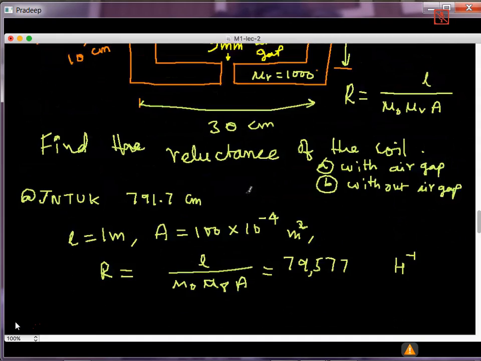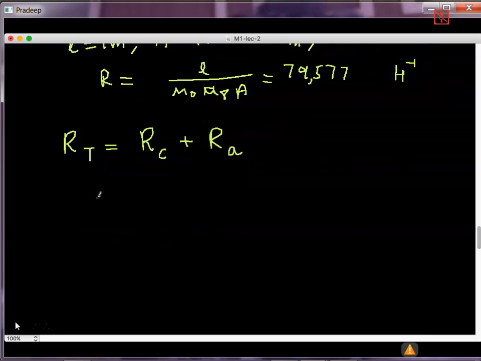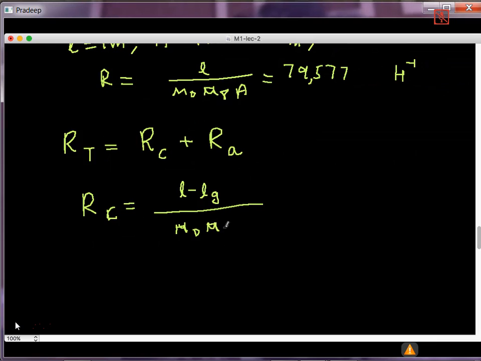Now if I consider the air gap, then the total reluctance will be the reluctance of the core plus the reluctance of the air gap. So what is the reluctance of the core? It will be L, the total length, minus the length of the air gap, Lg, divided by mu naught mu r into A. So instead of the total 1 meter length, I'll reduce the 5 mm from that.